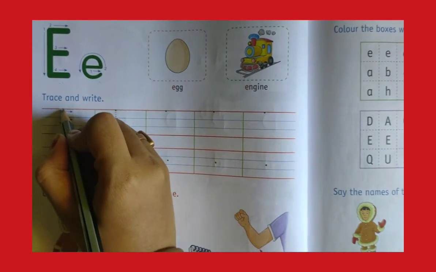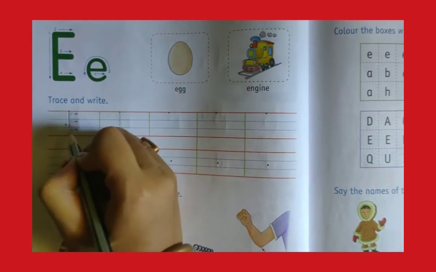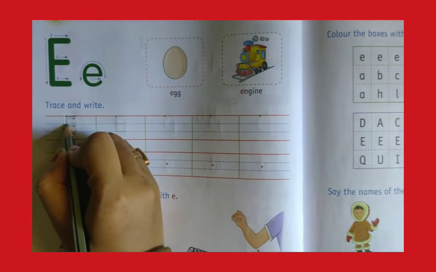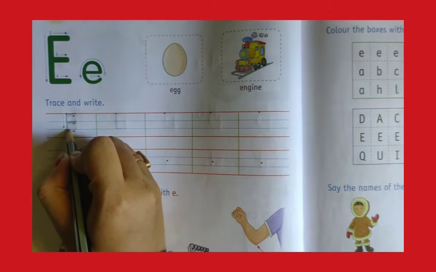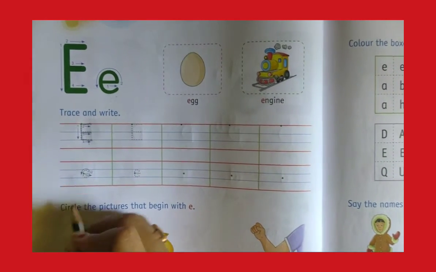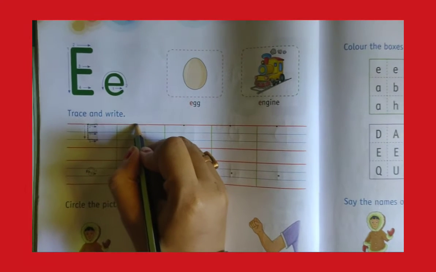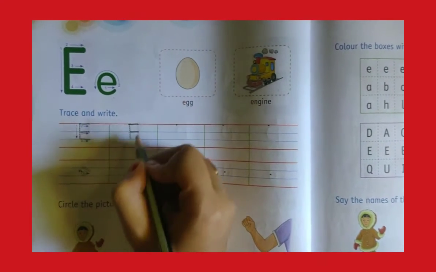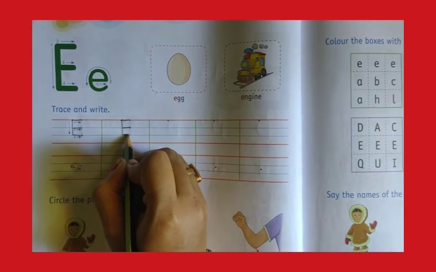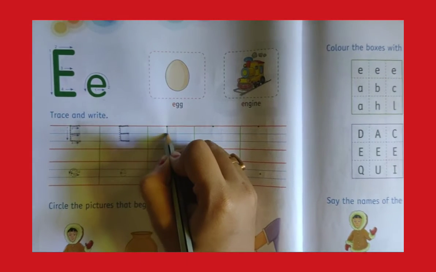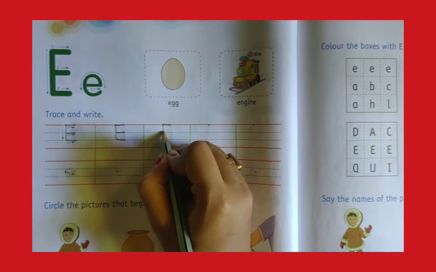So first you have to draw one standing line. Okay, next a slipping line, again a slipping line, and again a slipping line makes the letter capital E. Again one standing line, one slipping line, another slipping line, and last slipping line makes the letter E. Again you have to write just like me.